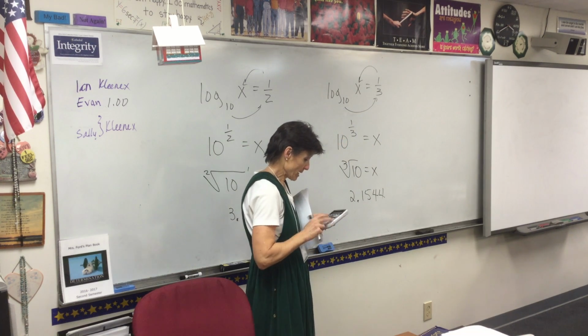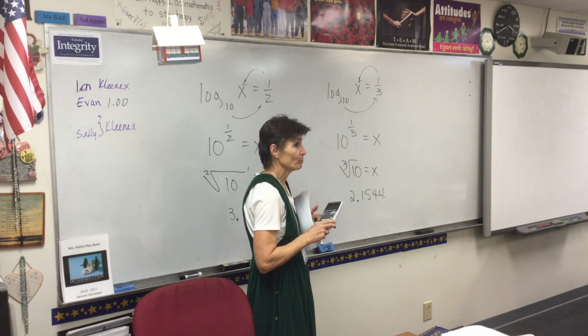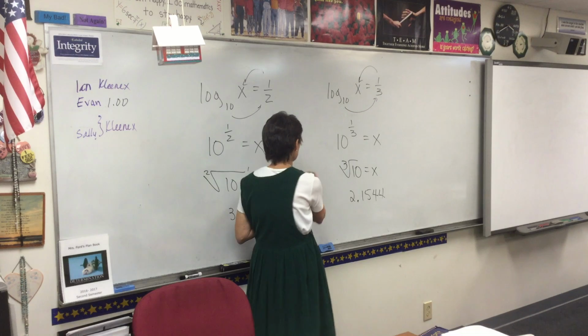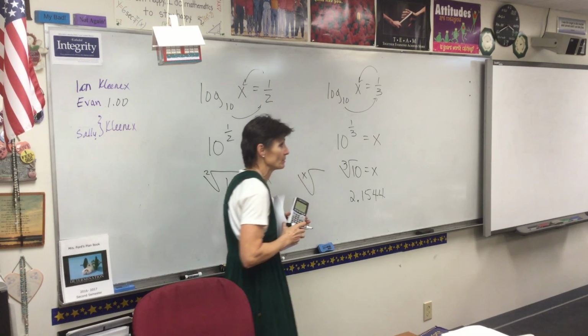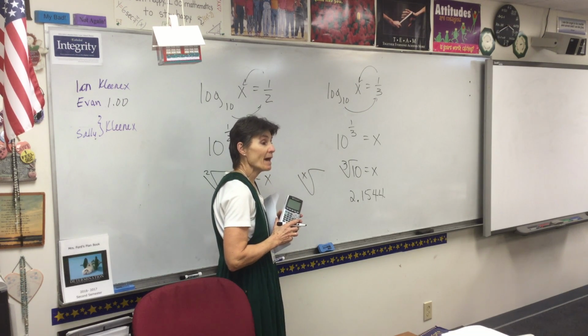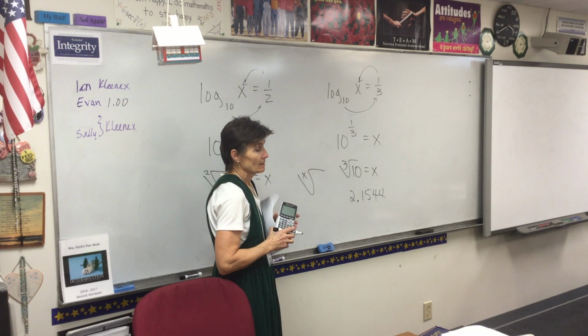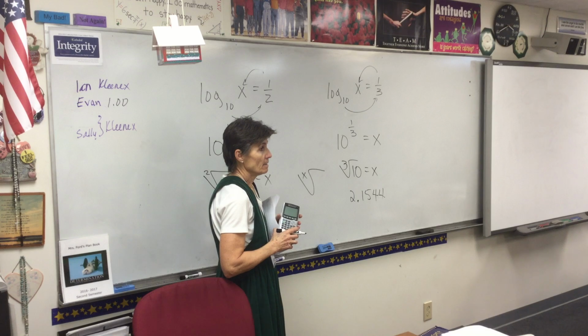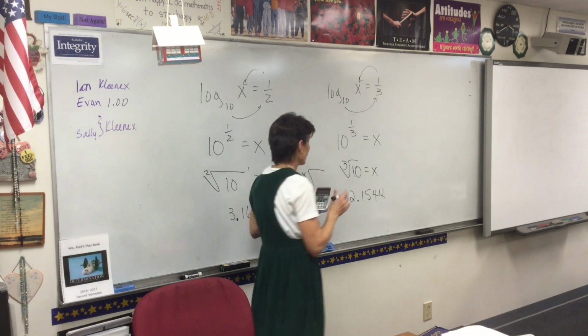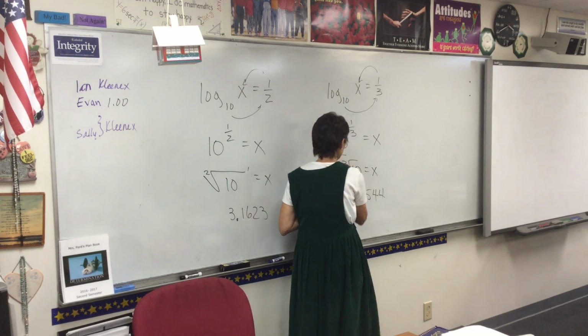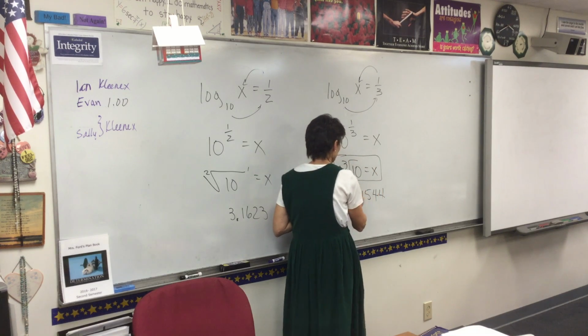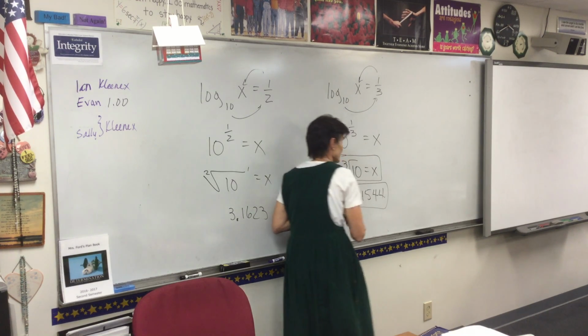Actually, most of your calculators probably have a cube root button, but you can do it using the x root button if you want. That's how I do it. Where is the x root? It's in the math menu, exactly where it was last time we talked about it. So, if we don't have a calculator, we have to stop here. If we have a calculator, we can do this.